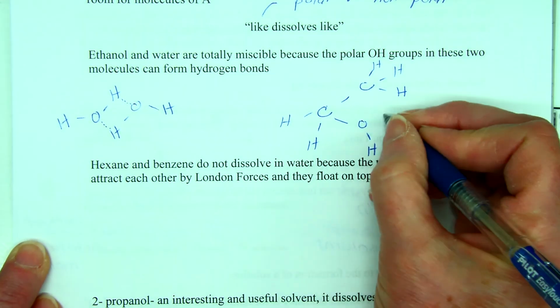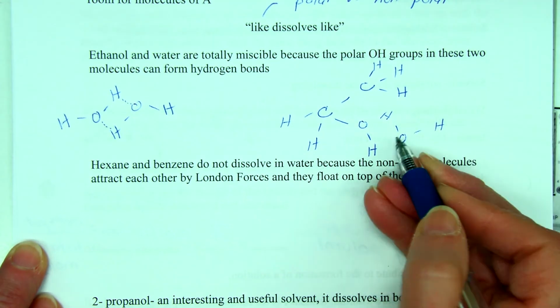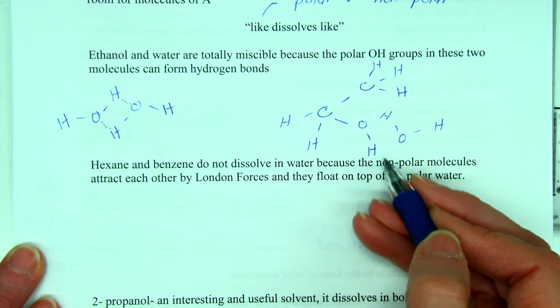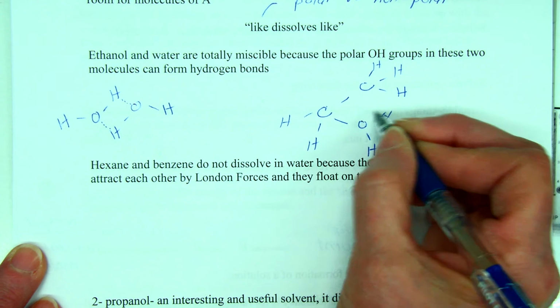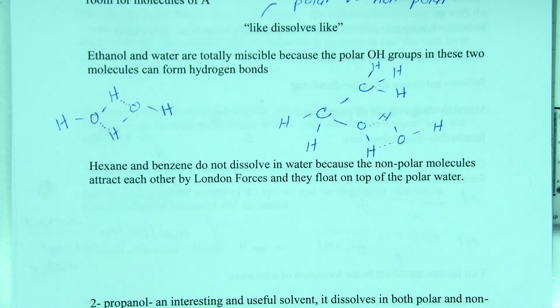Now I bring in a molecule of water, and what's going to happen? It's going to line up with the hydroxyl group on the ethanol so that we get this attraction. We can actually get hydrogen bonding between the ethanol and water again. So these things are all alike, so they will be well miscible.